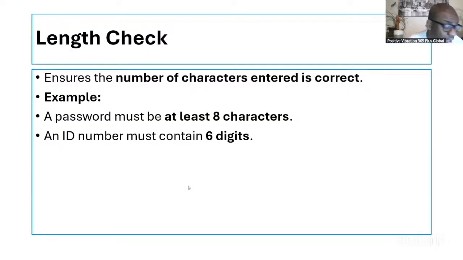How many? 9. Yes, 9 digits. Now, how many characters are in it? So we want 9 digits. How many characters?